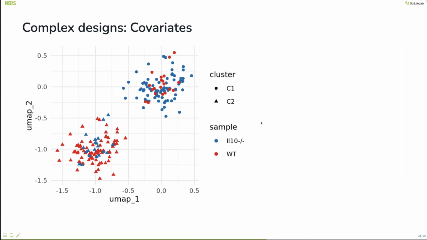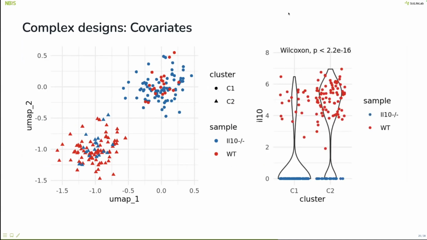If we look at the expression of the IL-10 gene, which is knocked out in the IL-10 knockout samples, in those samples it's 0, and in the other samples it's expressed. If we just compare these two populations without considering the differences in composition from this known covariate, we'll get a significant result, even though when we look at each sample individually, we see that there's no difference between the two clusters.